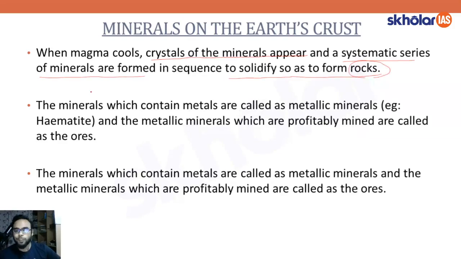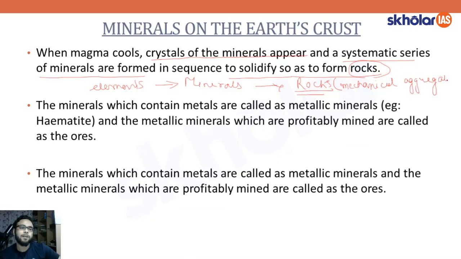Alright. So first what did we define? We defined elements. Then what did we define? From elements we get minerals. Then what do we get? After minerals we get rocks. So what are rocks? Rocks are nothing but mechanical aggregates of minerals.